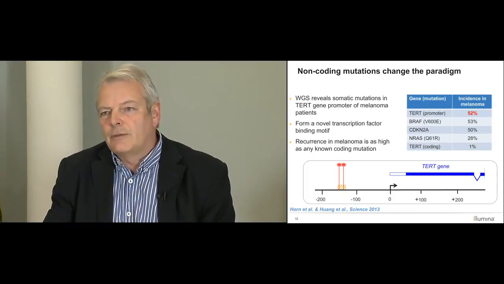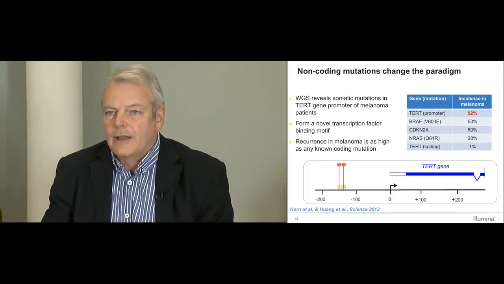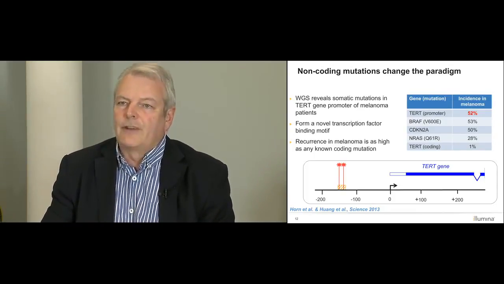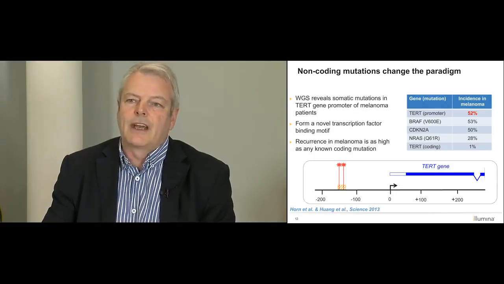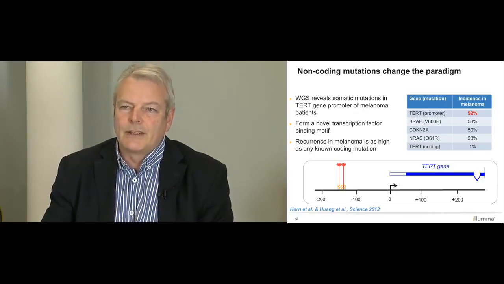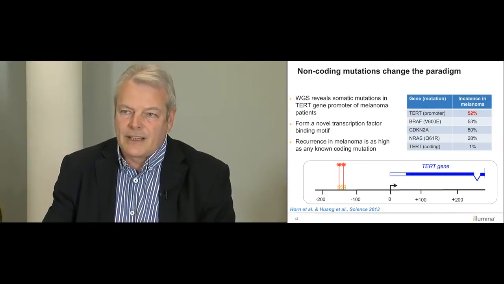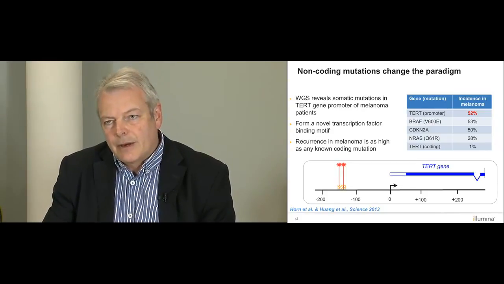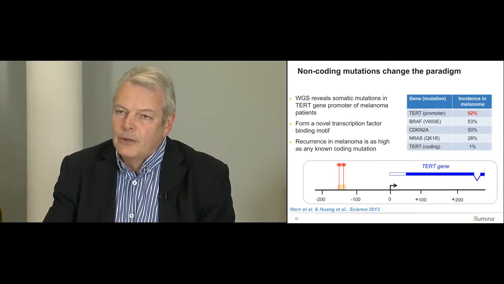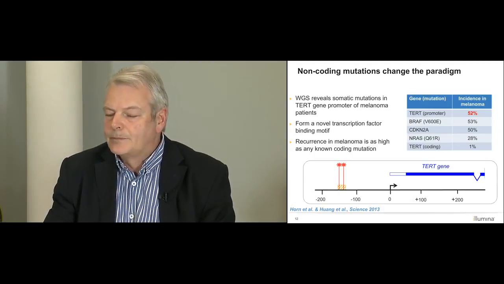So these non-coding mutations are not edge cases. They are essentially going to contribute very significantly to our increased ability to understand and interpret individual cancer cases, and indeed potentially to classify them as a prerequisite to possibly improving the management of the condition.